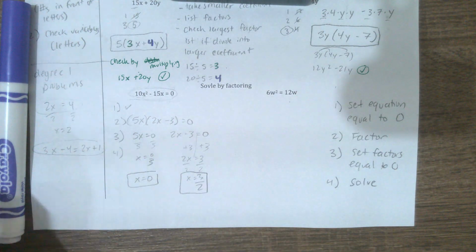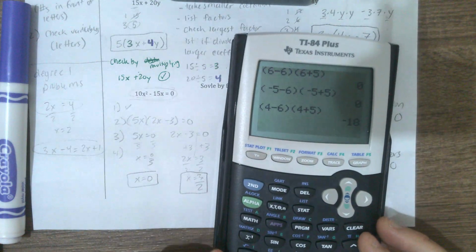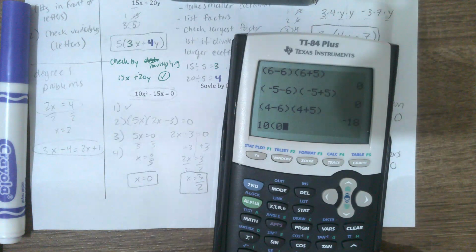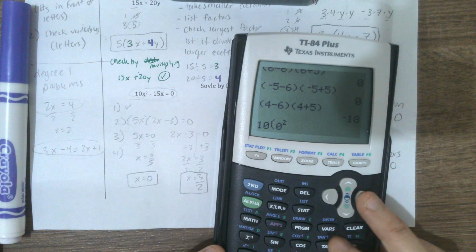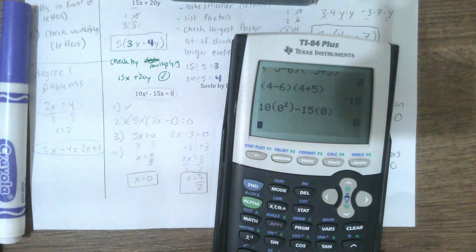And let's check, right? Let's see if we did this right. So we have 10 times 0 squared minus 15 times 0. That equals 0. We did it right.